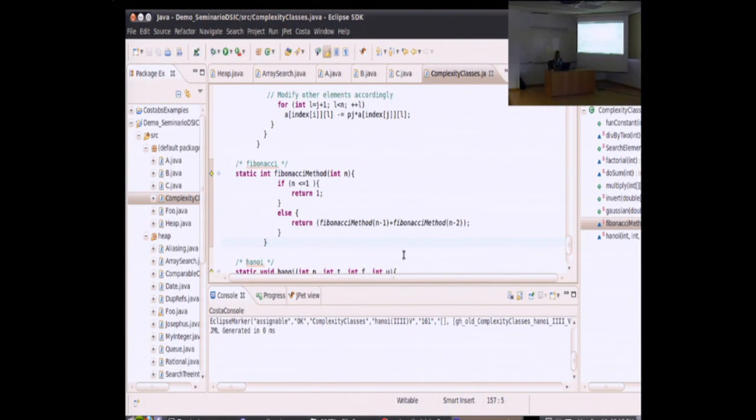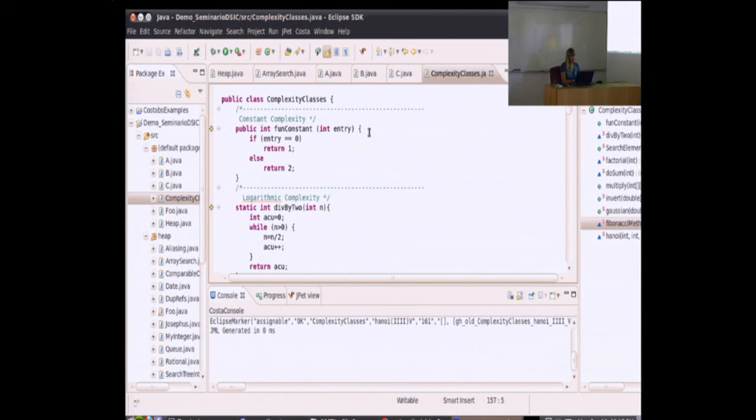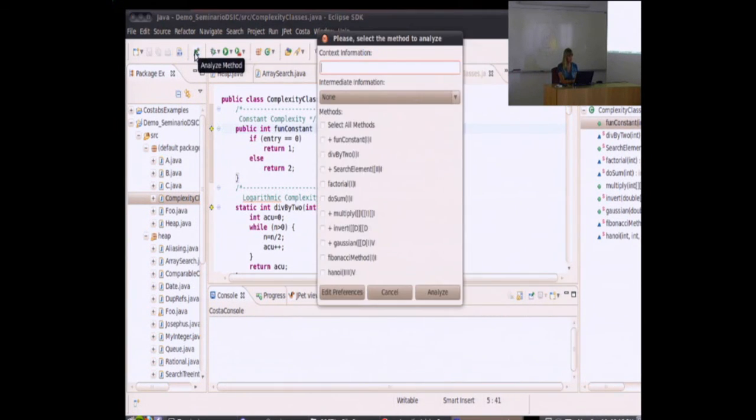Costa can be used from different kinds of interfaces, and the one I'm going to show uses Eclipse, which you might know is the most common environment for running Java. We have a plugin that is fully integrated. You see this palm tree here in the Costa system, and you can click on it to analyze methods.